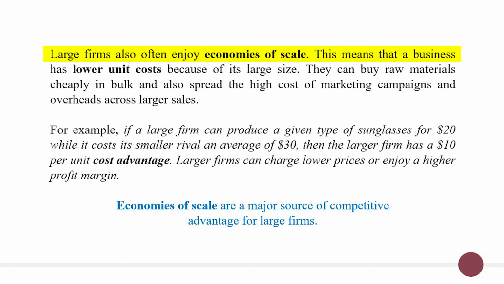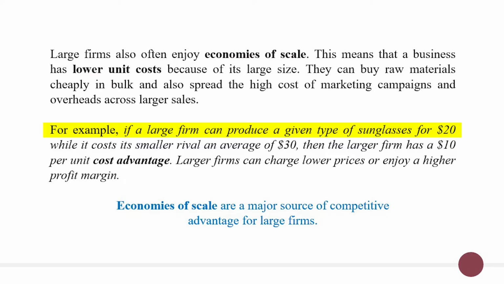Large firms also often enjoy economies of scale. This means that a business has lower unit costs because of its large size. They can buy raw materials cheaply in bulk and also spread the high cost of marketing campaigns and overhead across larger scales.